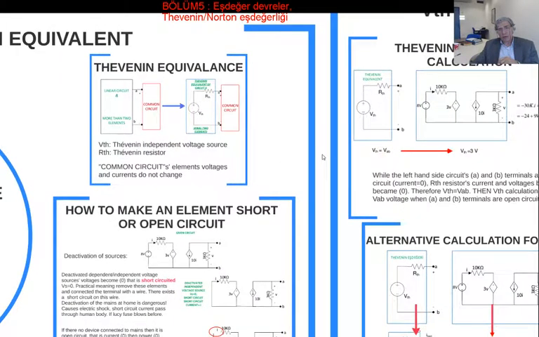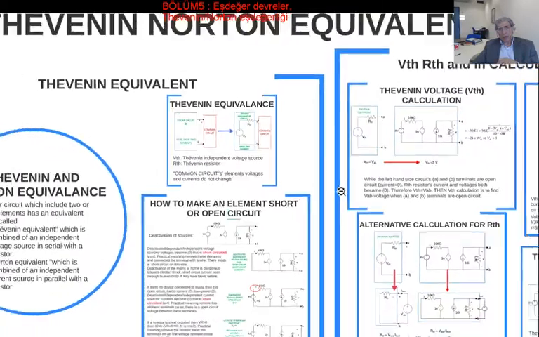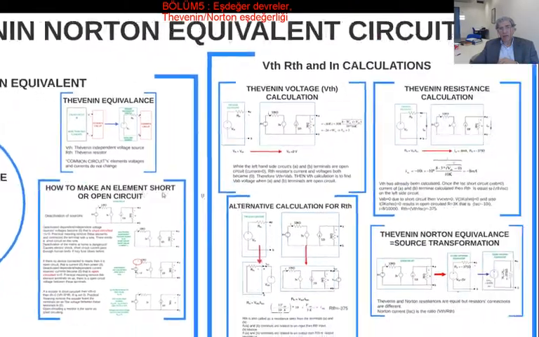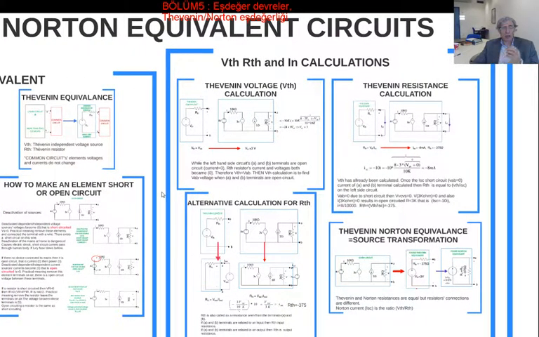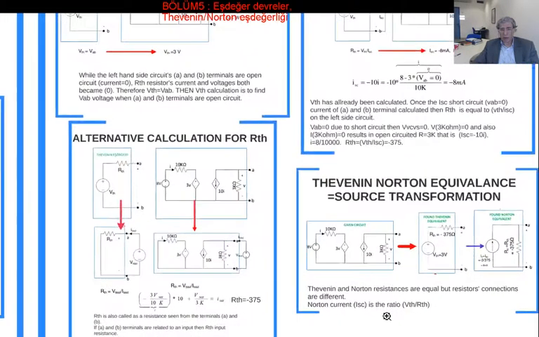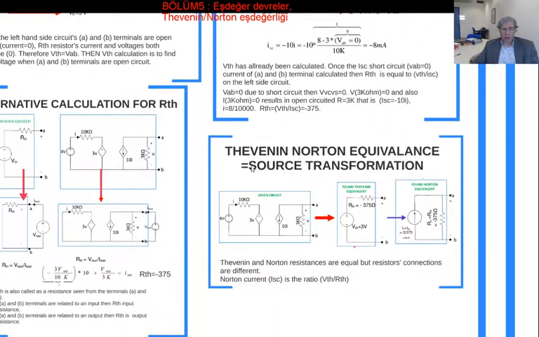Now, once we finish the Thevenin equivalent, we have already seen that there was a source transformation. So if we do the source transformation for the Thevenin equivalent circuit that we have already found, here you are, that's the original circuit. That is the Thevenin equivalent circuit to this one. If you do the source transformation, the circuit that you find is the Norton equivalent circuit of the original circuit.